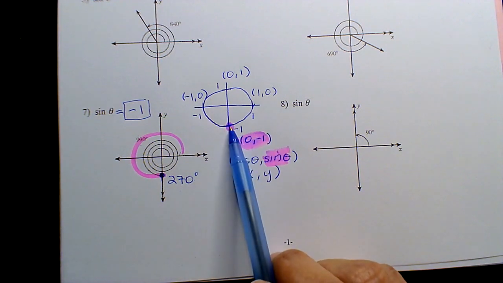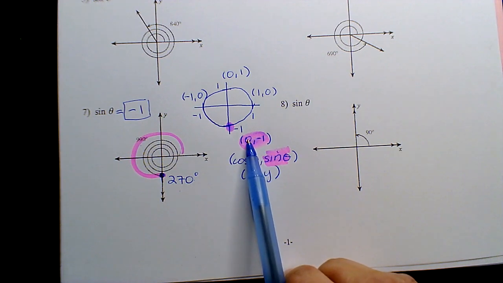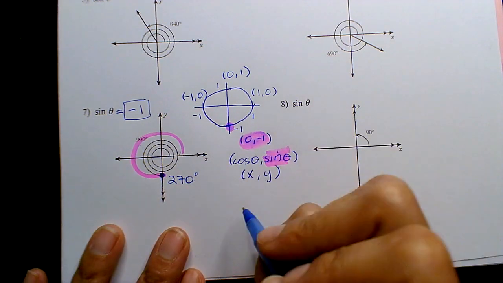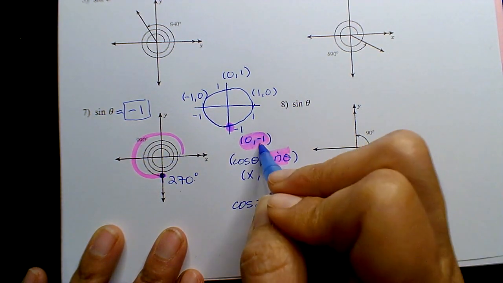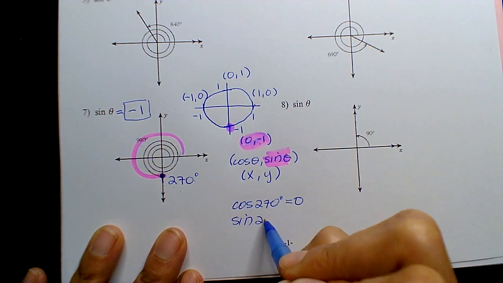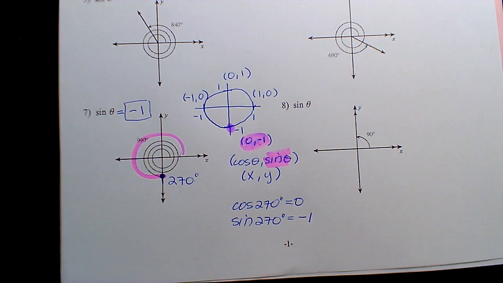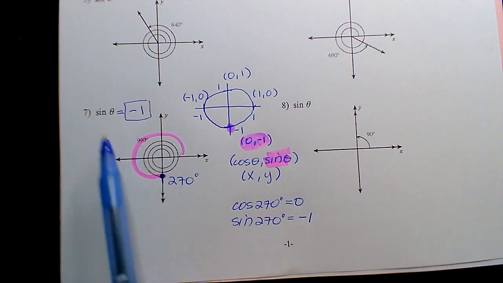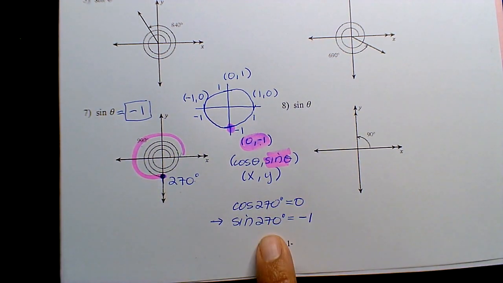The location of 270 is 0, negative 1. Cosine of 270 degrees is 0. Sine of 270 degrees is negative 1. So if I asked you the sine of 990, it's this coterminal angle down to spin 1.